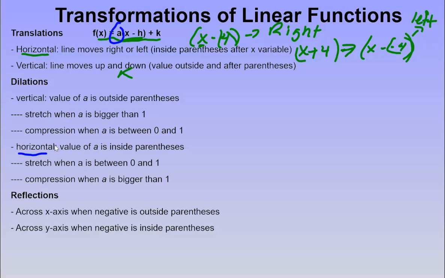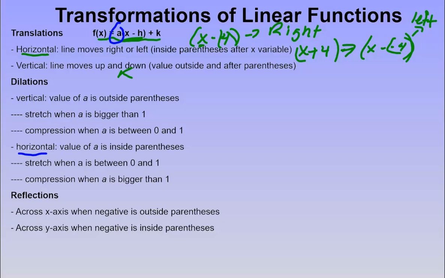So the horizontal stretch is going to look the same as a vertical compression, and a horizontal compression is going to look like a vertical stretch. Okay, so if you know all the ones for vertical stretch and vertical compression, think of the opposite for horizontal stretch and horizontal compression.